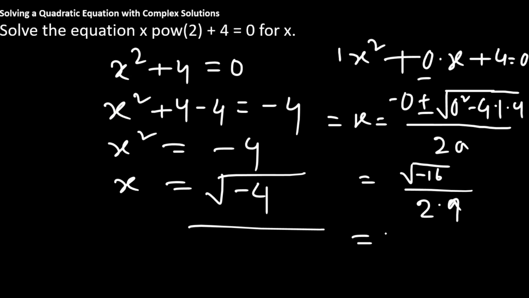So upward it will be root over minus 16 over 2. So this will be the answer: root over minus 16 over 2.